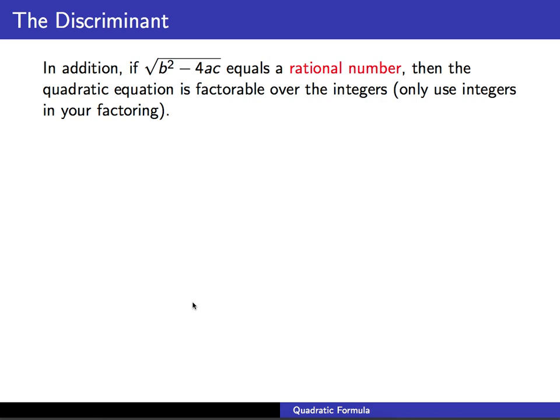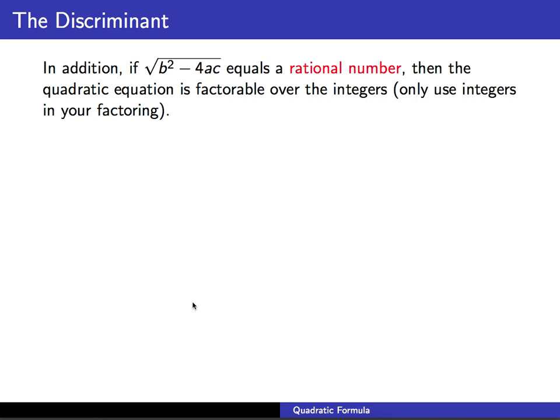So in addition, the discriminant can also tell you whether or not you could have used factoring to solve the quadratic equation you were given, because if the square root of b squared minus 4ac, so the square root of the discriminant, equals a rational number, in other words, a number that could be written as a fraction using two integers, or a decimal that either terminates or repeats.